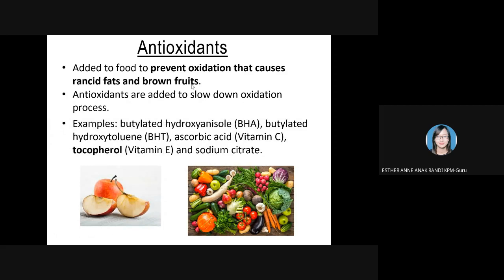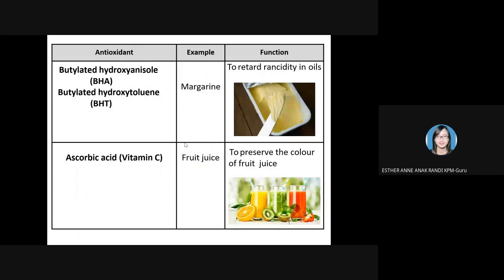So example, okay, nama ni panjang sangat kan? But the common one, okay, common one are tocopherol and ascorbic acid. Okay, so these two are commonly used for antioxidants, okay, in fruits. Okay, so other than fruits, we are also using antioxidants in few other foods.